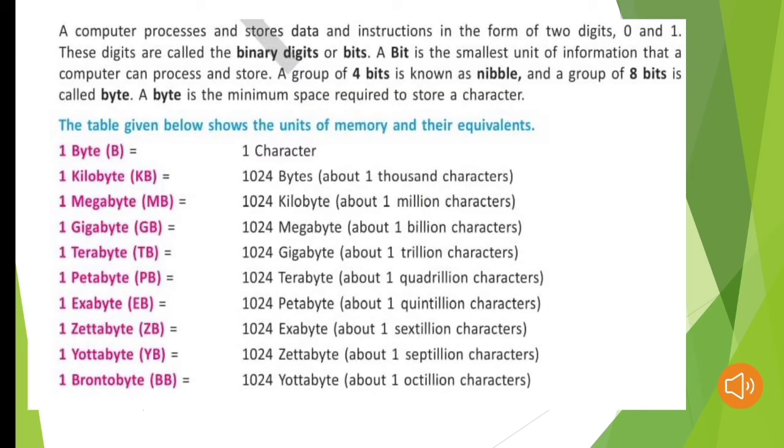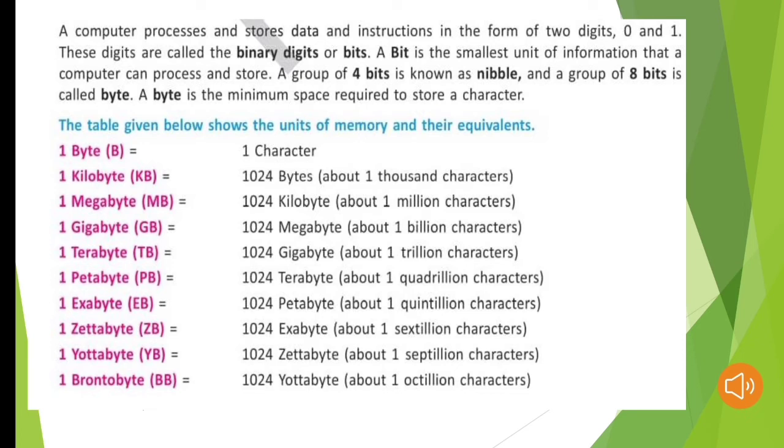As we need a measuring unit to know the amount of a substance, for example, milk or liquids are measured in liters, solids in gram or kilogram, the storage capacity of a storage device is measured in bits or bytes.